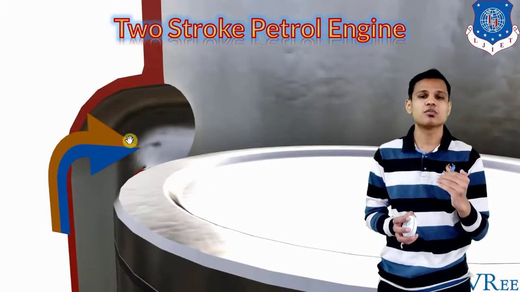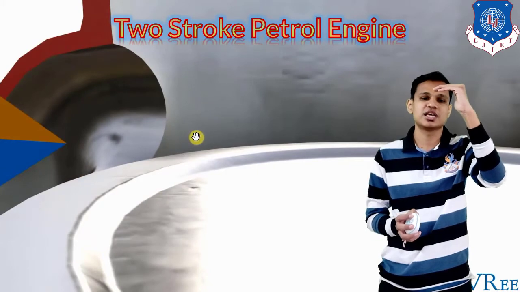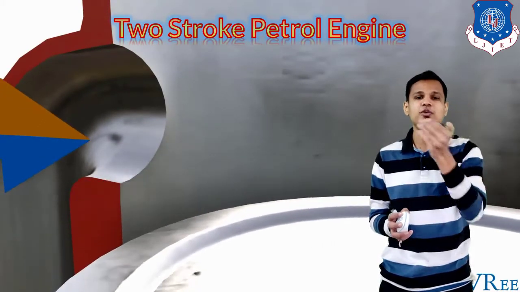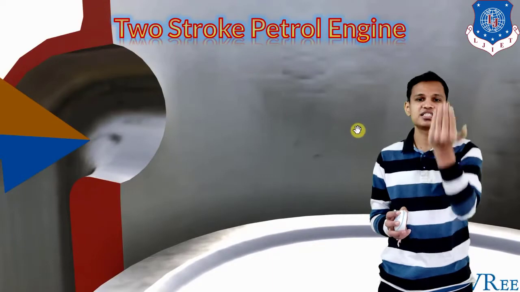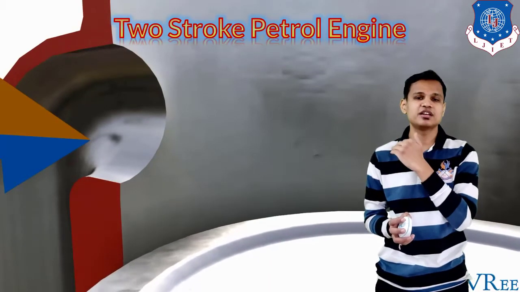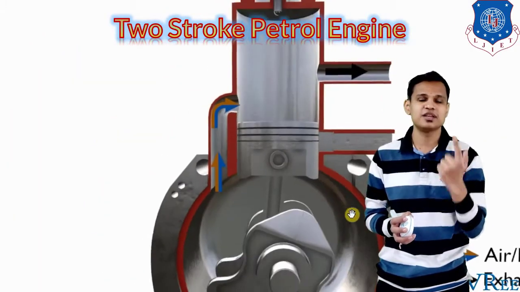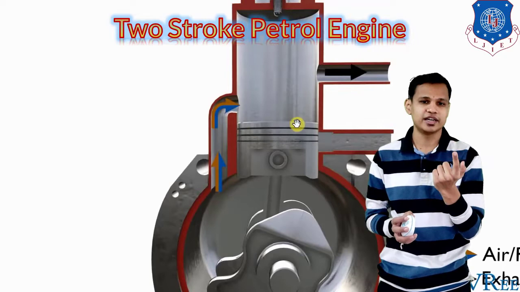The BDC is the bottom dead center and the TDC is the top dead center of the combustion chamber. So when transfer port gets uncovered, the charge gets inside the combustion chamber. When the piston reaches the BDC, again the stroke reverses and the piston goes to the upward side.